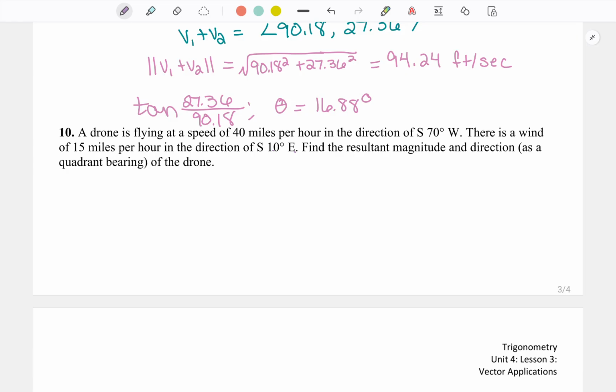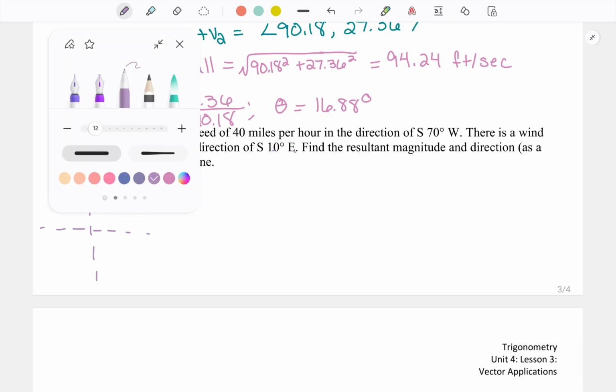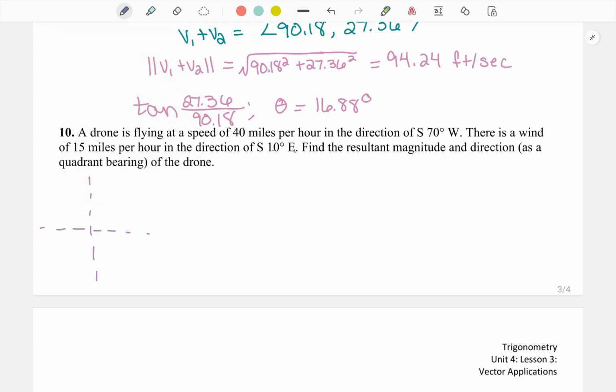So if we draw a picture of this, then our drone is flying at a speed of 40 miles per hour, in the direction of south 70 degrees west. So we have 70 degrees this way.